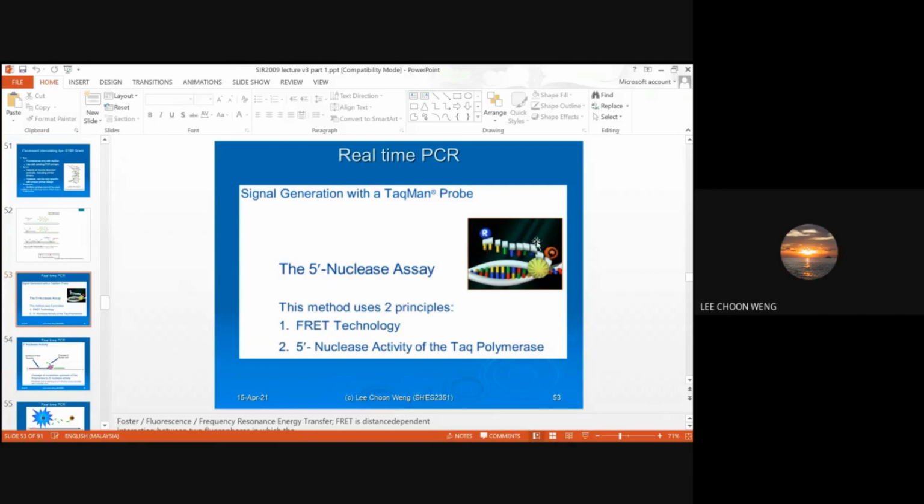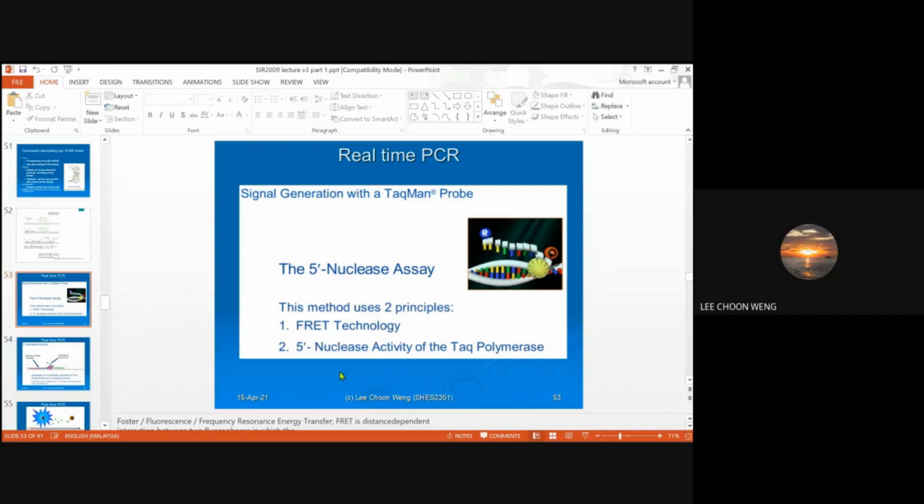A suitable probe is usually one that anneals to the gene of interest with both a reporter and a quencher at each end. That means when the reporter and the quencher are close together, the quencher will remove the energy from the reporter, so the R doesn't fluoresce.